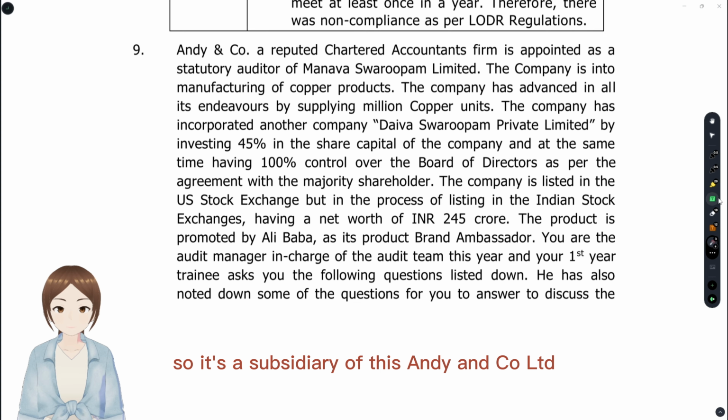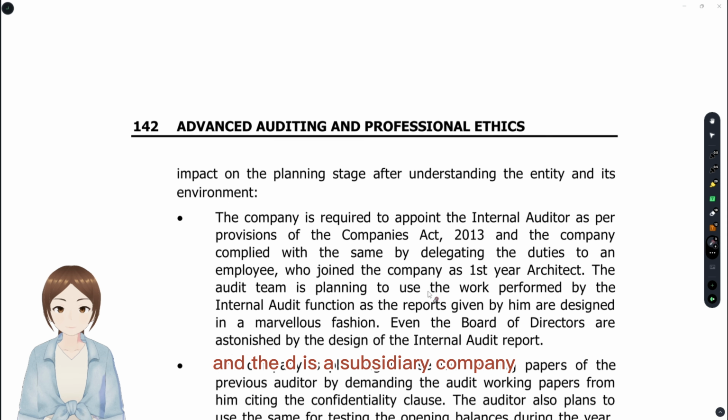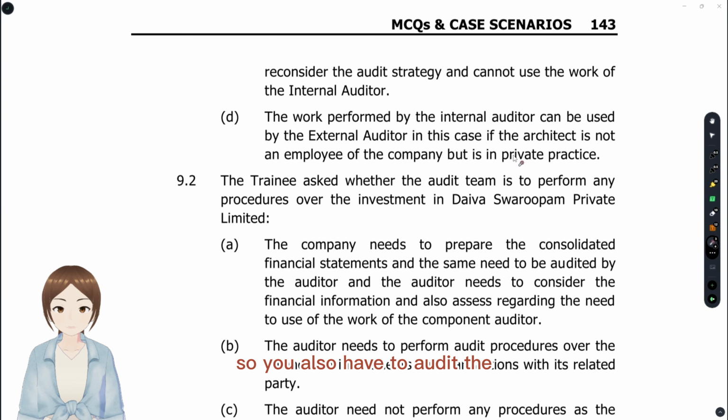So it's a subsidiary of this Andy and Co Limited, the company that they were auditing, like Manava Swaroop Limited. So Manava M is a holding company, and D is a subsidiary company. So he also has to audit the subsidiary, because it's mostly a material subsidiary here. The trainee asked whether the audit team has to perform any audit over the investment in Divas Swaroop Private Limited.